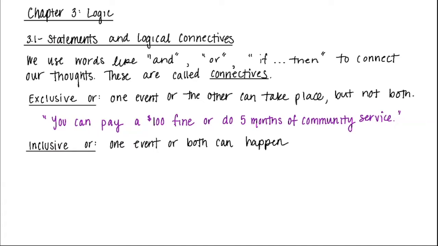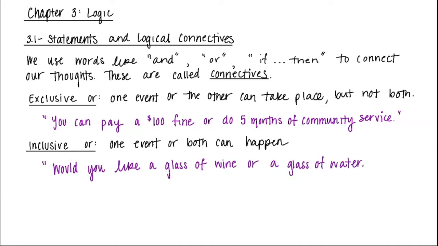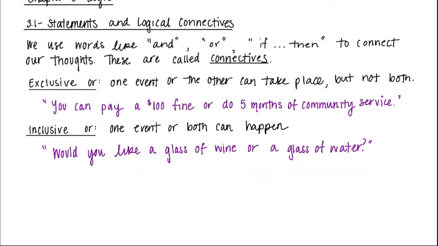And so think of if you're out to dinner and you're over the legal age of 21 and your waiter asks you, would you like a glass of wine or a glass of water? You can absolutely do both. You can pick a glass of wine, you can pick a glass of water, or you can pick both of them. So we are going to consider this. Either one is going to be acceptable. So we will use, or we will assume, the inclusive or in this chapter.